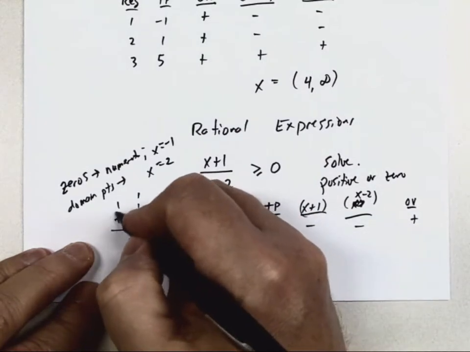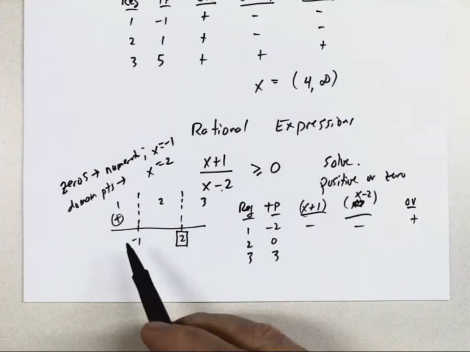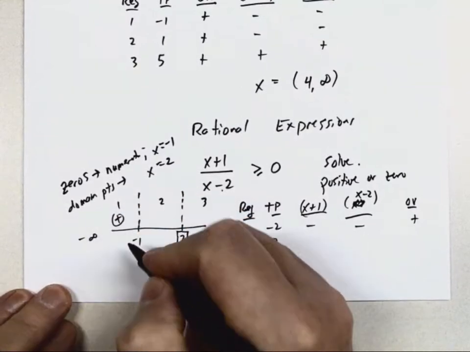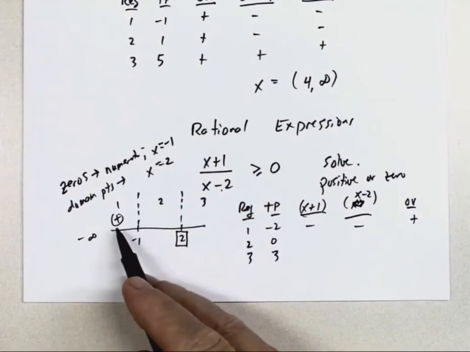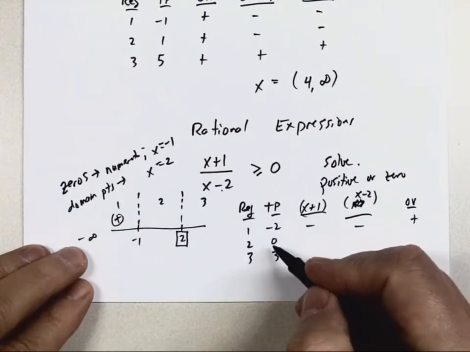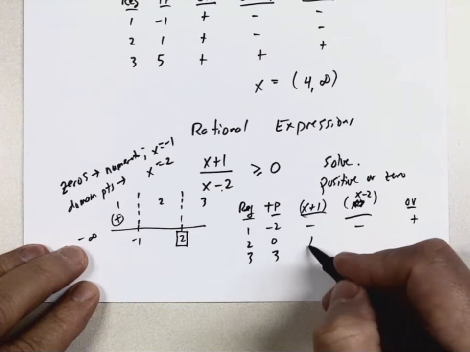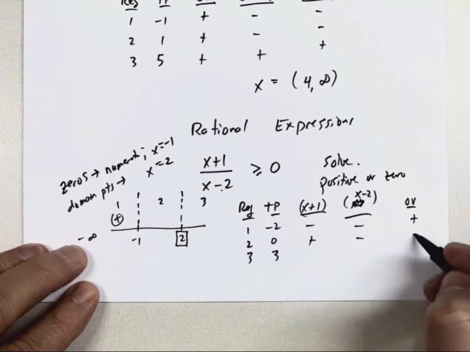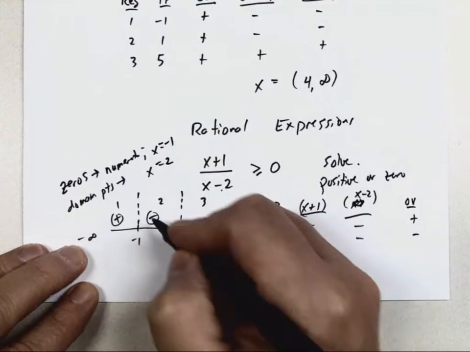I know region 1 is a positive region, meaning any value of x I choose between -infinity and -1, if I plug that into this, it's going to give me a positive number. Region 2, plug in 0 here, it's positive, 0 here, it's negative, positive times a negative. Region 2 is a negative region.